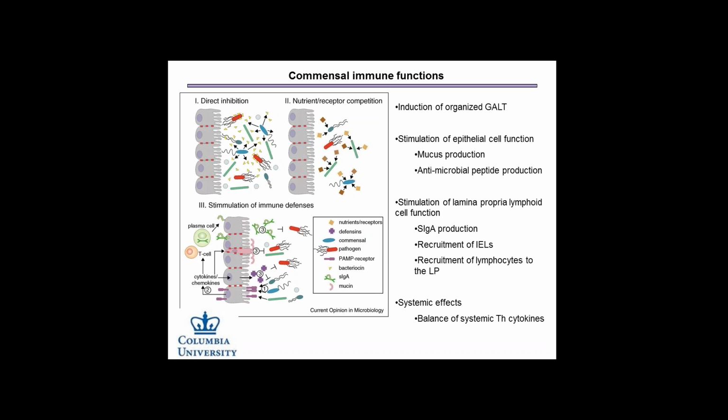They can stimulate epithelial cells to produce antimicrobial peptides and mucus, which are important in the defense against pathogenic bacteria. They can also stimulate the immune system to secrete molecules such as secretory IgA, or they can induce recruitment of lymphoid cells to the gut or the mucosa. In addition, we now know that they may have systemic effects, such as affecting the balance of systemic helper T cells and their function.